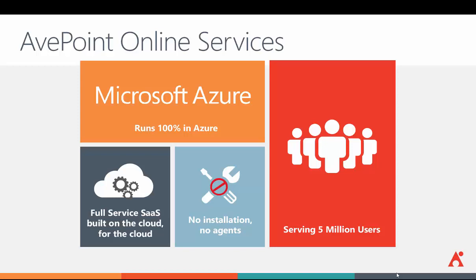It's simply not required. All you need is a browser and an internet connection. And you can hit AvePoint Online Services, access the specific service or services that you have licensed, and then get to configuring and running whatever types of profiles, plans, or jobs it is that you need.